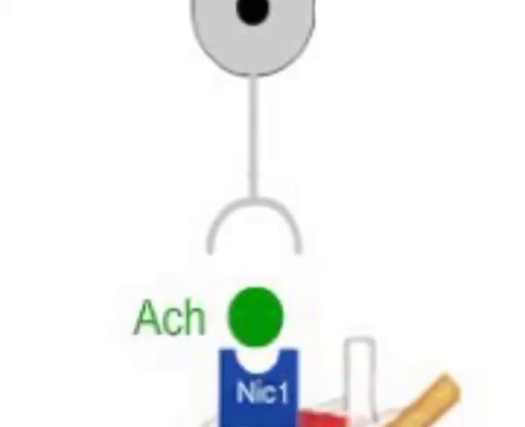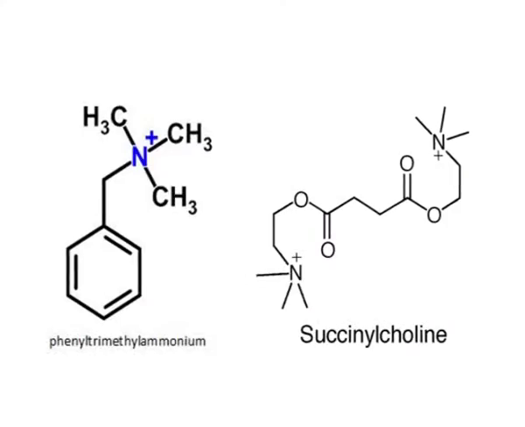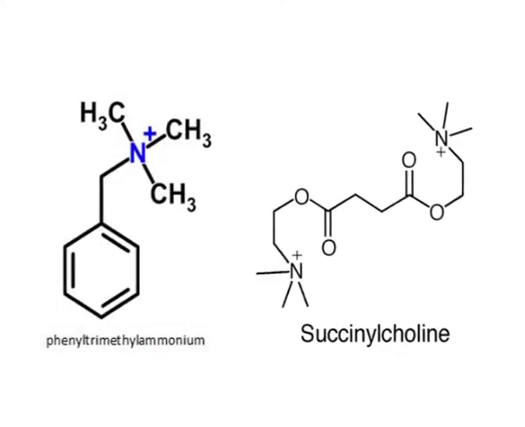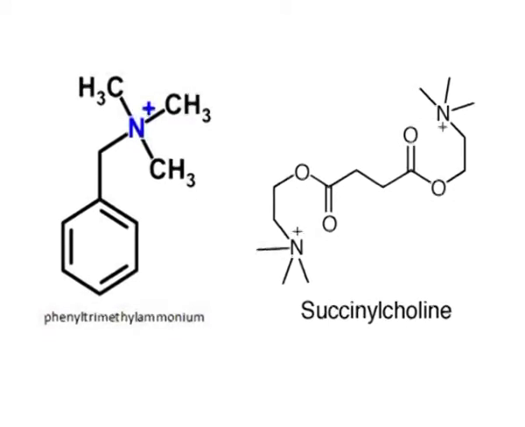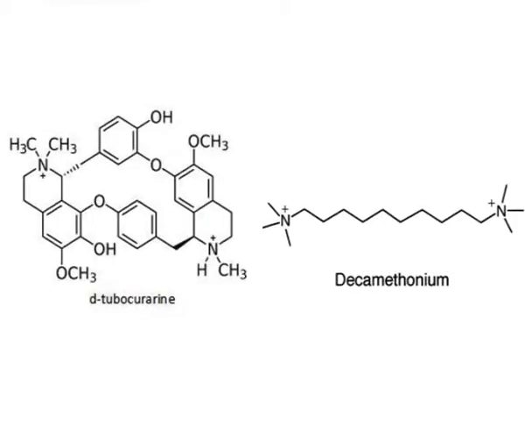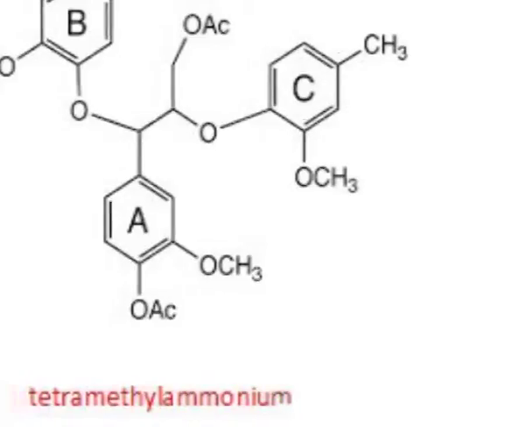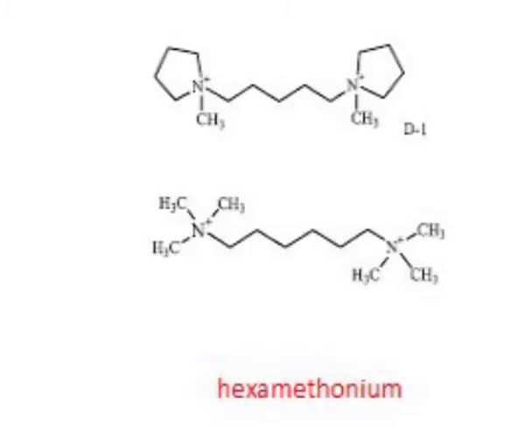N1 or NM receptors are located at the neuromuscular junction, stimulated by phenyltrimethylammonium and blocked by succinylcholine, d-tubocurarine and decamethonium. N2 or NN receptors are found in autonomic ganglia, stimulated by tetramethylammonium and blocked by hexamethonium and trimethaphan.